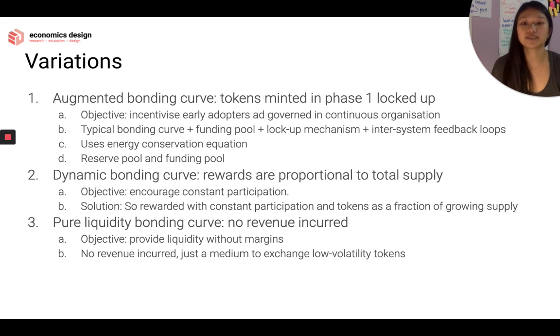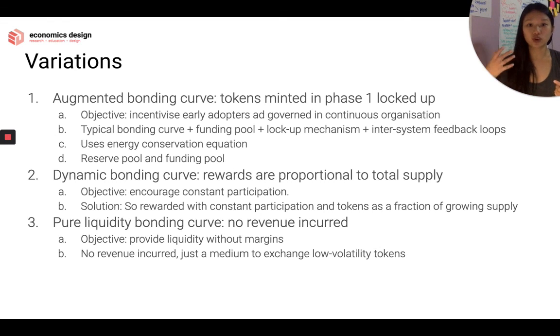The other one is the dynamic bonding curve. This is something I was talking about initially, where rewards are a proportion of the total supply. That means as the supply grows, if the tokens you own are a constant amount, the proportion drops, and rewards will be based on this ratio. The objective is to encourage constant participation.